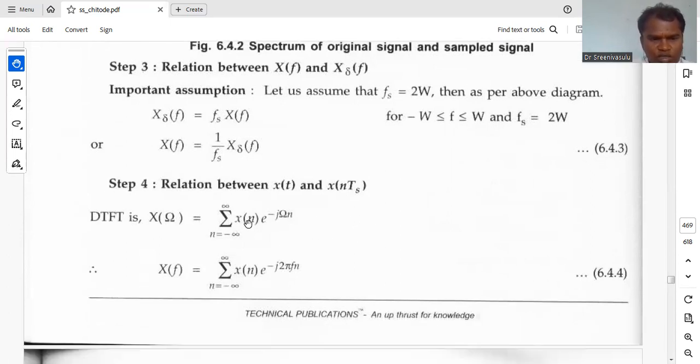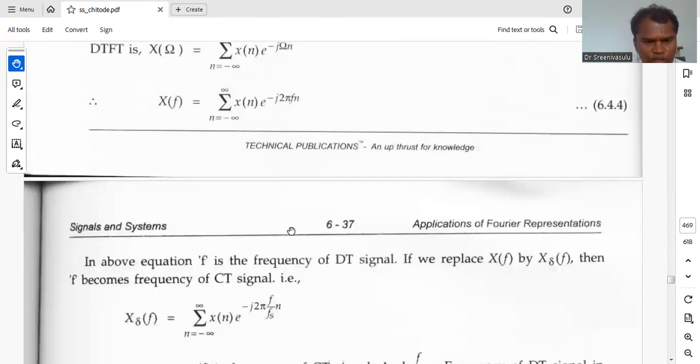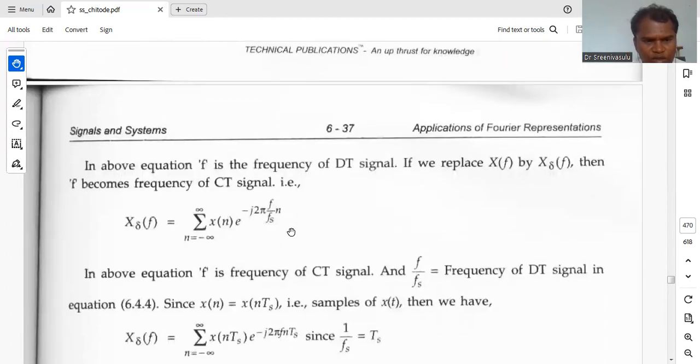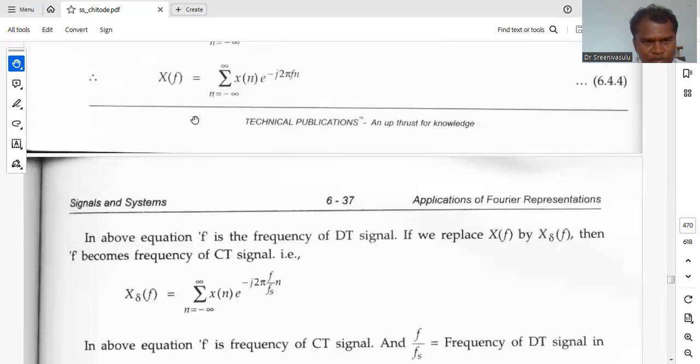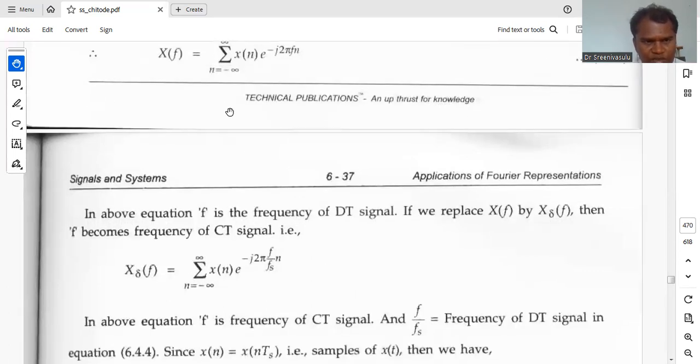Now, we can also write this omega in terms of frequency f: X of f is equal to summation n equal to minus infinity to plus infinity, x of n into e power minus j 2 pi f n, where omega is 2 pi f. It is for a discrete time signal. Now, I am going to write this formula for X delta of f.